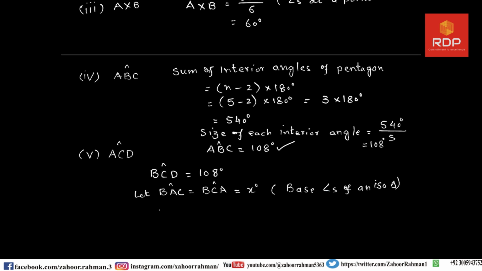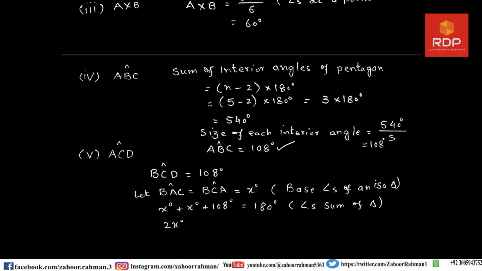So we can say that x degrees plus x degrees plus 108 degrees is equal to 180 degrees, by the angle sum of a triangle.